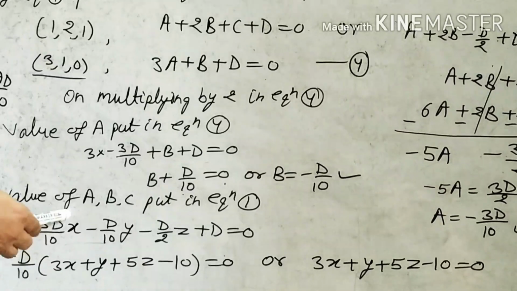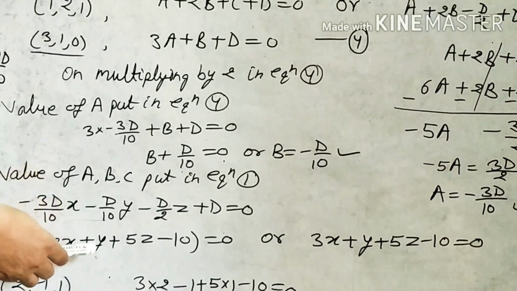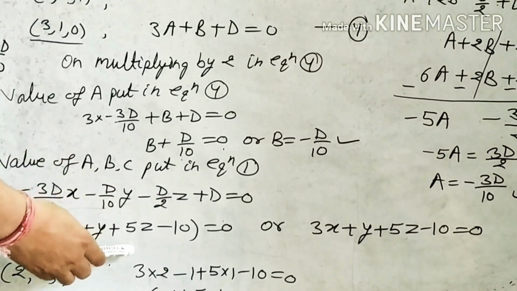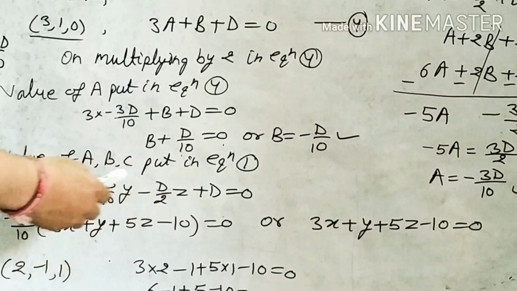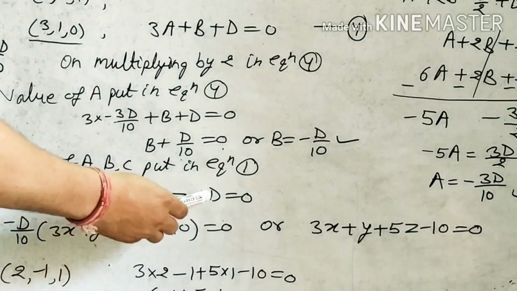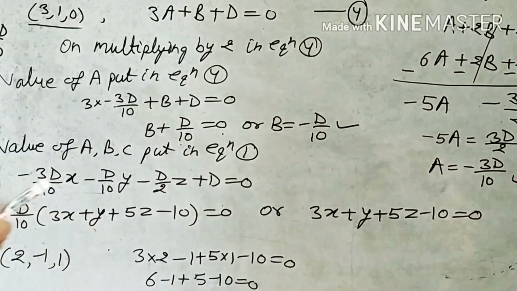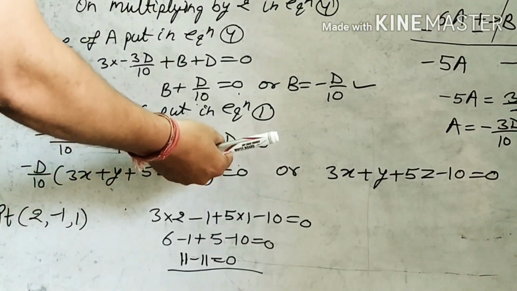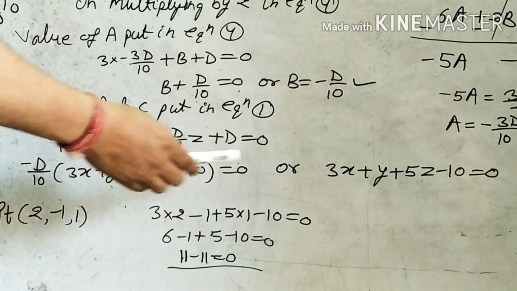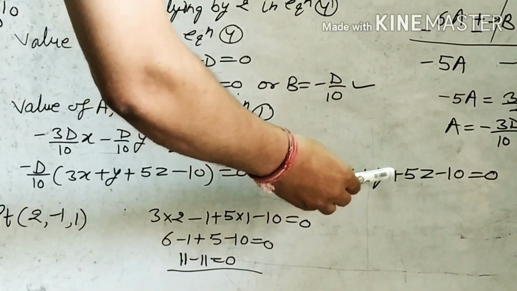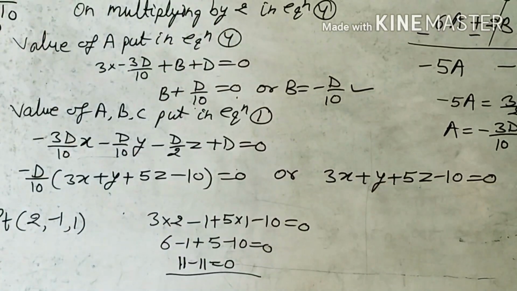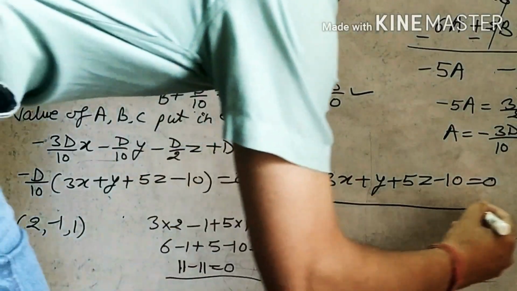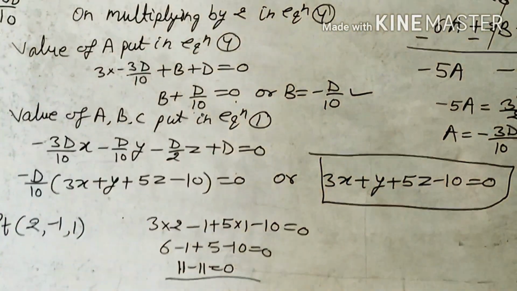Minus d upon 10 times 3x plus y plus 5z, and d, minus d upon 10 common, that's why it will be minus 10. You will multiply here, minus minus plus, so 10 and 10 cancel, you will get the same value d. That's why it can be written 3x plus y plus 5z minus 10 equal to 0. So it is the equation of the plane which passes through the 3 given points.